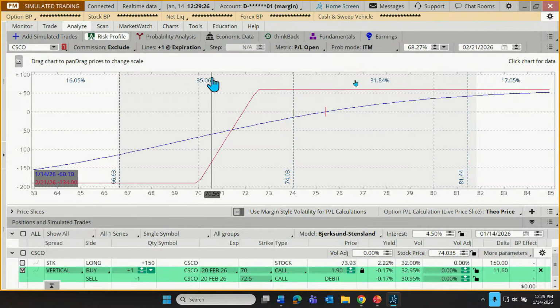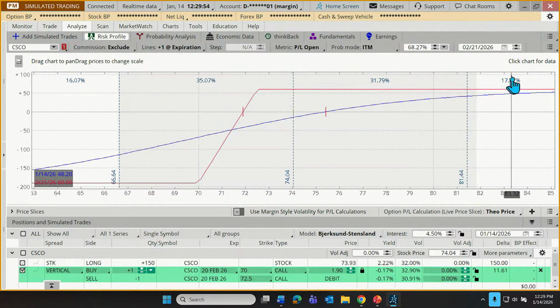So what these numbers are now showing us is whatever date we put up here is telling us, well, Cameron, there is about a 31.8% chance that come the 21st of February, Cisco is going to land somewhere between where it is right now and 10% above. There's about a 35% chance that it lands somewhere between where it is right now and 10% below.